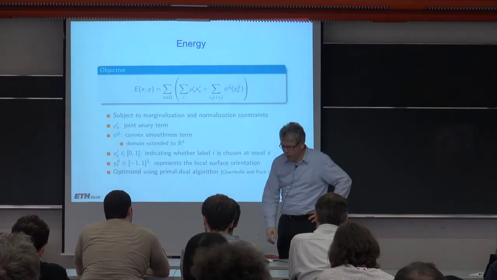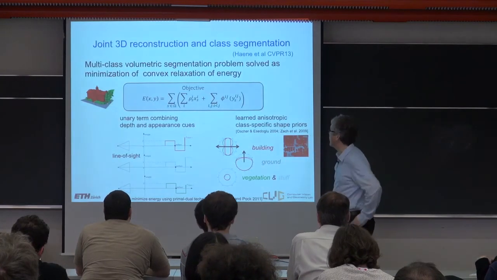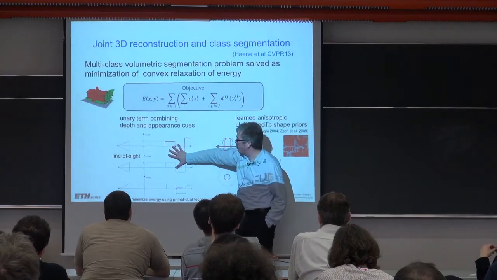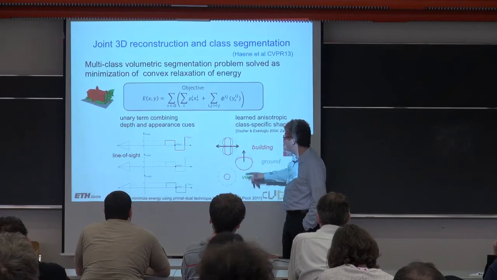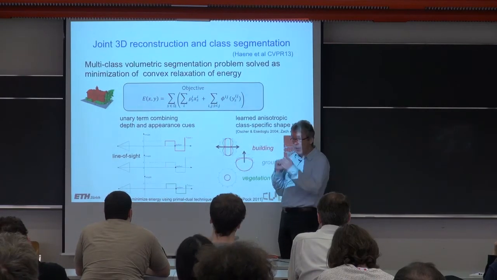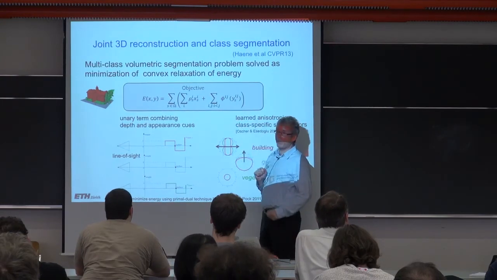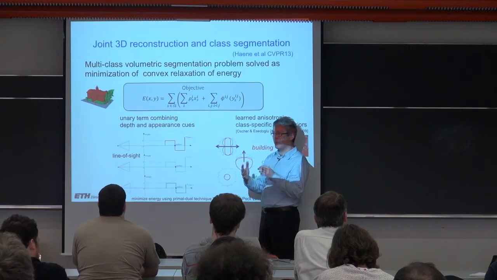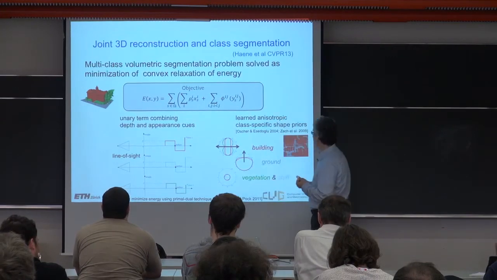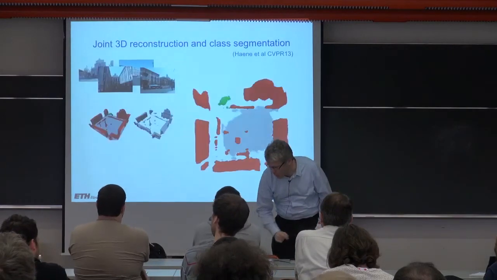So here again, putting all this back together, we have the behavior in the volume that we put in as data terms. And then we have the different class transition behaviors, where we minimize over each surface. We will minimize this. And so I can now show you some examples of how this works.